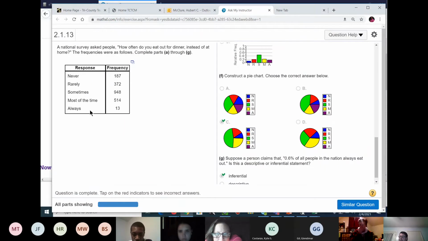That's what you're looking for. That's 1% right there. So you're looking for 1% with A. Where do you see a slither of A? C and D. They've already picked C, and yes, that is correct. C is correct, so we're going to move on down.